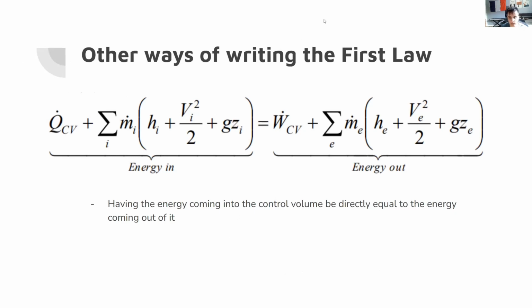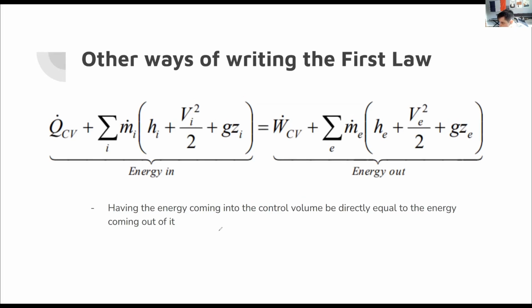Because if you were to assume a turbine, let's say this is the turbine, and the 2 points we're studying, this is state 2, and this is state 1.